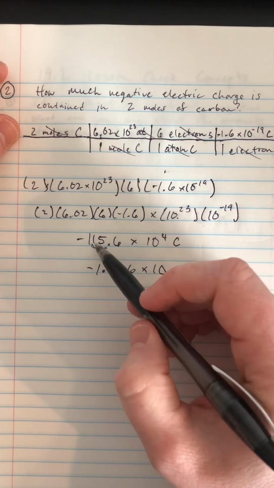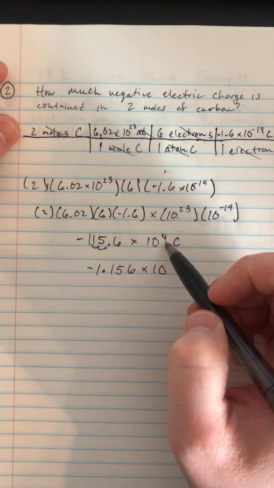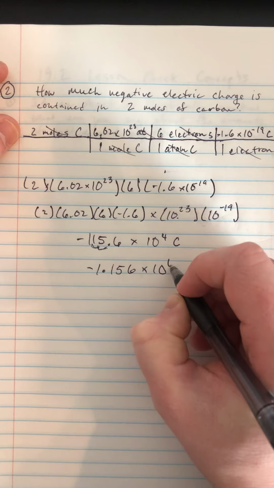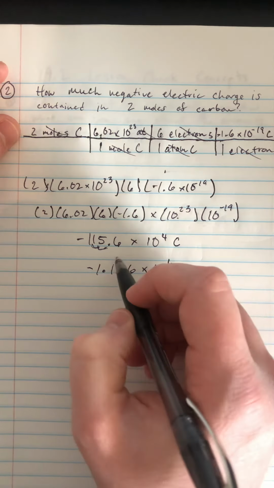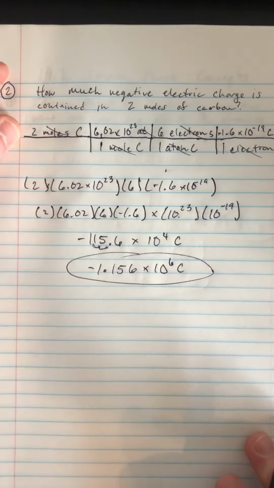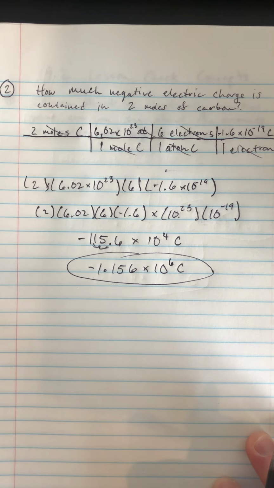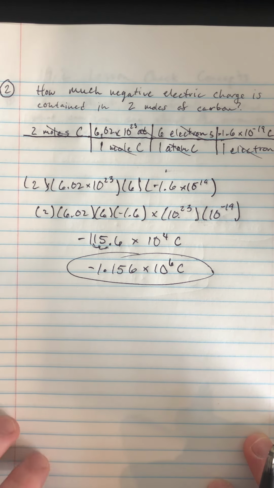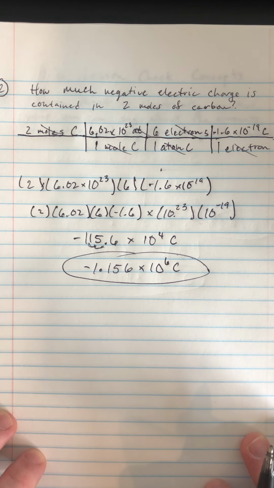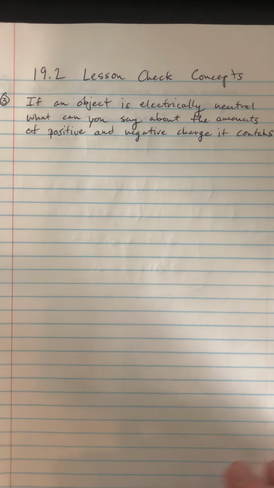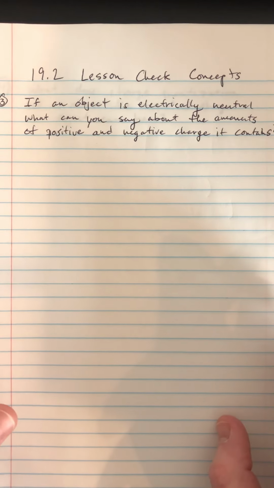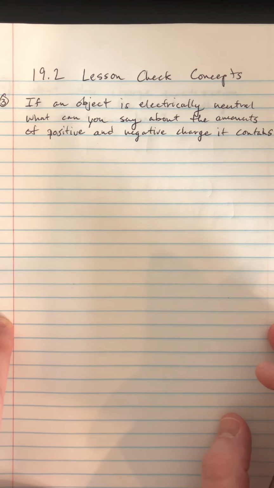And because we moved the decimal place 2 places to the left, that increases this by 2. So we get times 10 to the 6th coulombs. All right, negative 1.156 times 10 to the 6th coulombs worth of charge in 2 moles of carbon. All right, so those are the practice problems. Now we're going to move on to the lesson check concept questions.